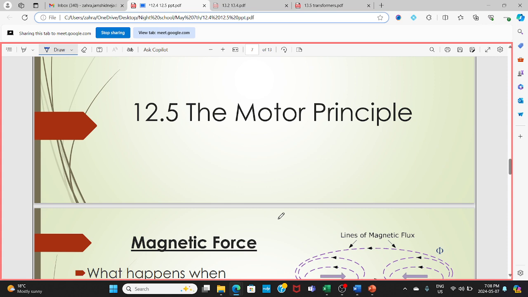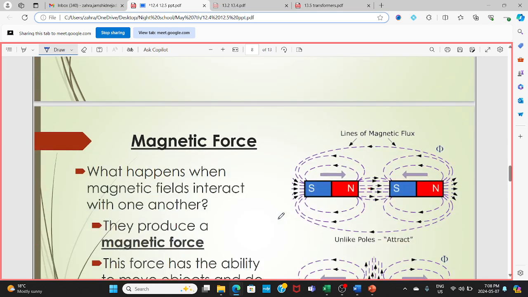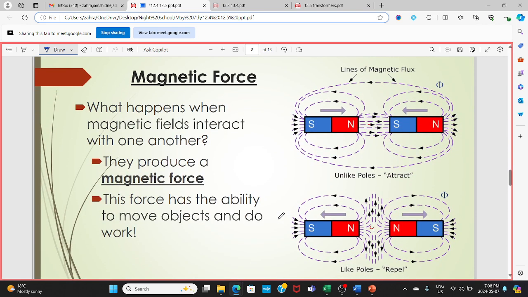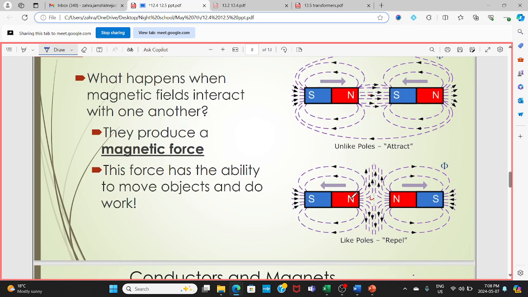Now, next we're going through the motor principles. You have seen when two magnets interact, like north pole and south pole, they attract each other. This is from north to south. They just connect. But when you have the same pole, they repel each other.